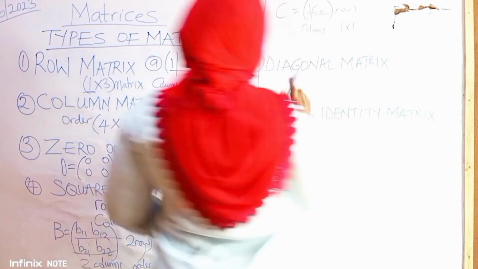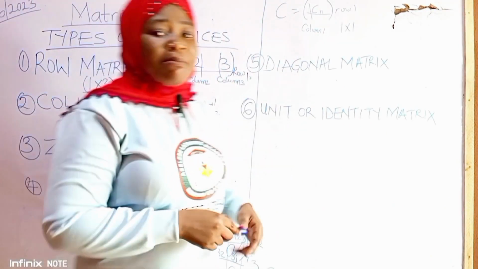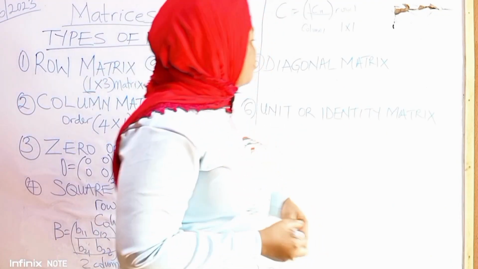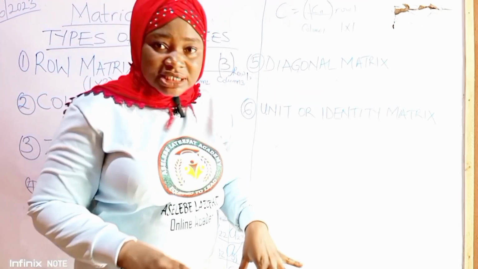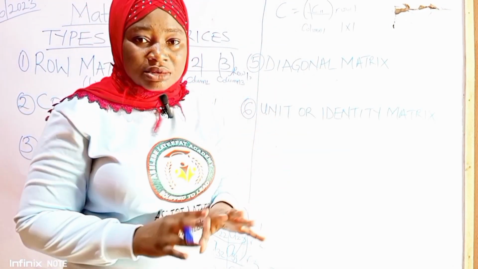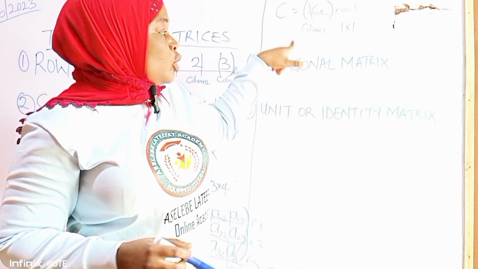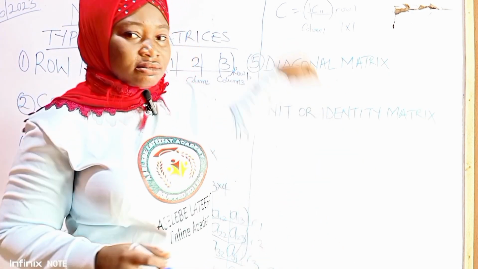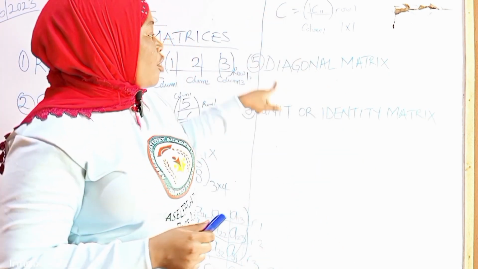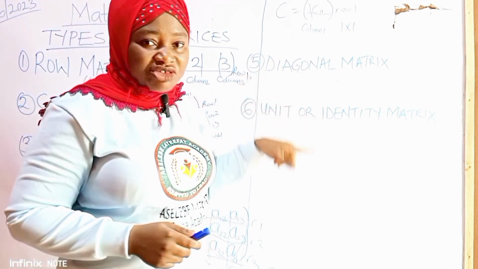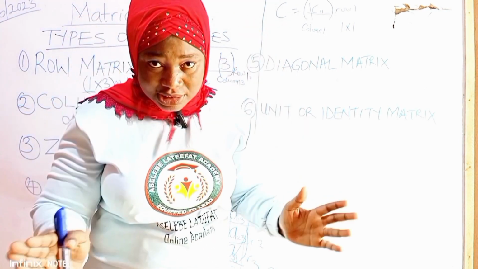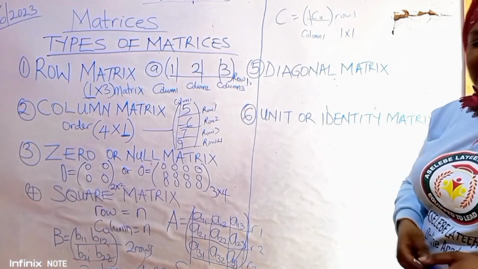Now, a diagonal matrix. A square matrix is said to be diagonal if all its elements are zeros, except those that are in the leading diagonal. So for you to define a diagonal matrix, it has to be a square matrix. Now, what is a leading diagonal?